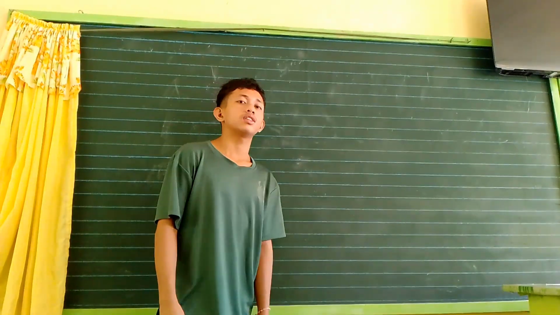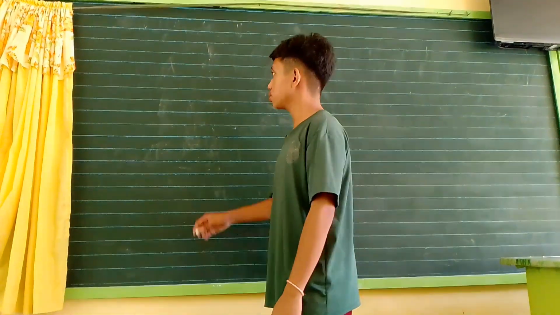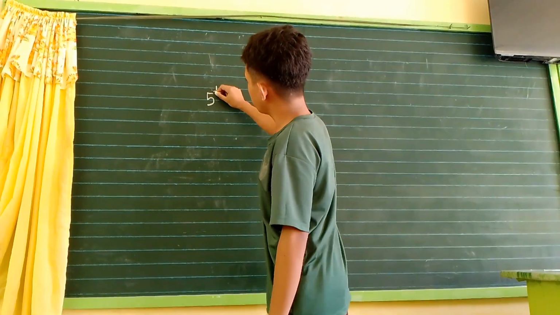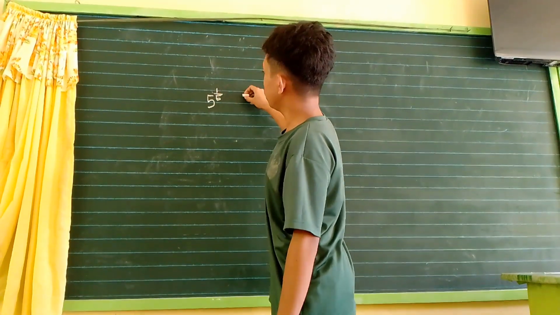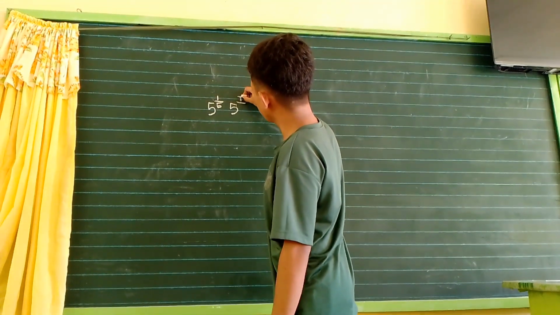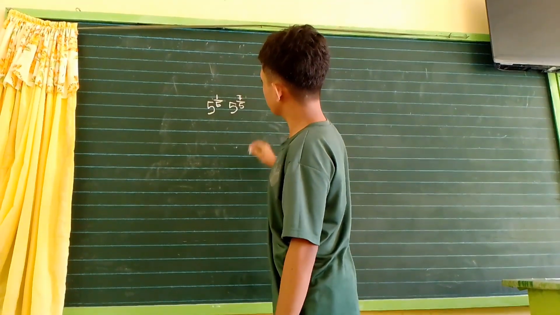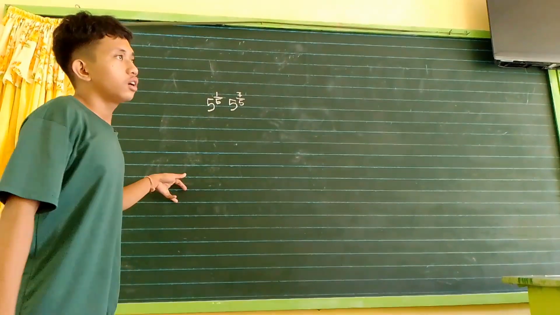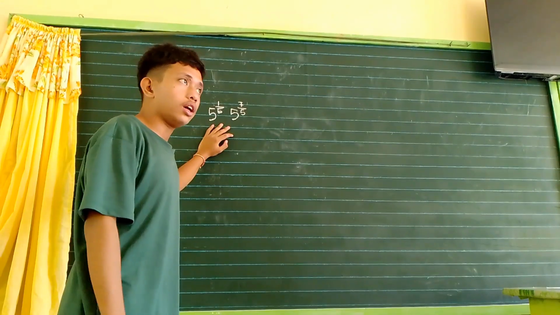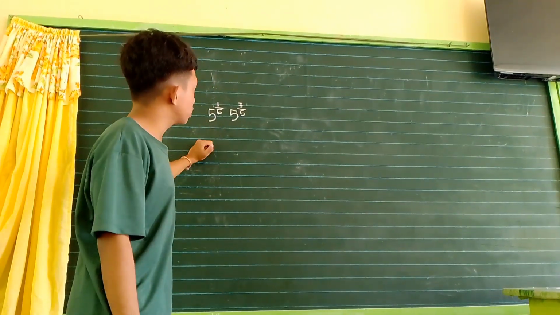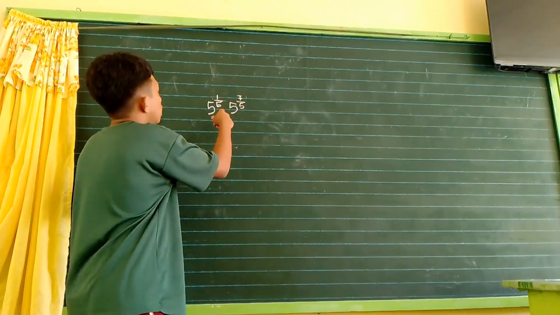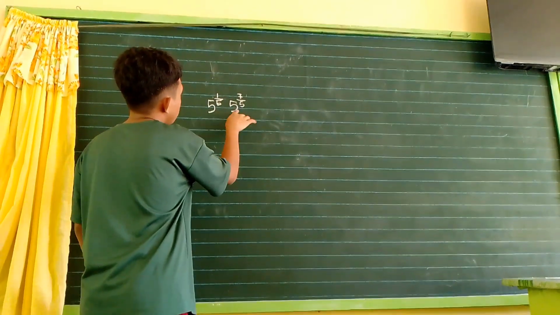Now, the next given is 5 raised to the power of 1/5 times 5 raised to the power of 7/5. To solve this, we need to know the rules of the exponent and our knowledge of adding fractions.